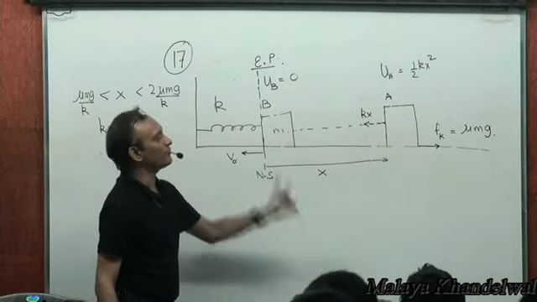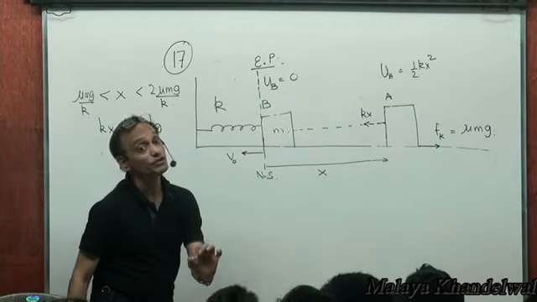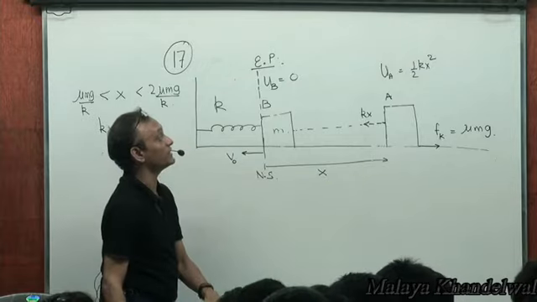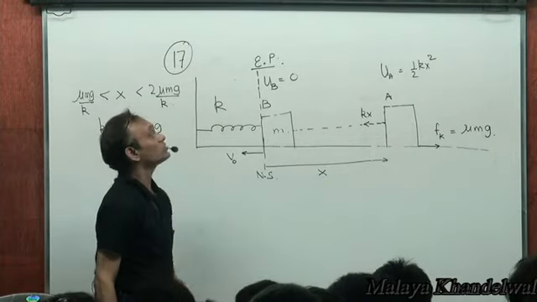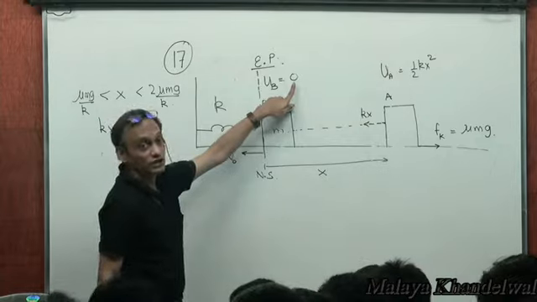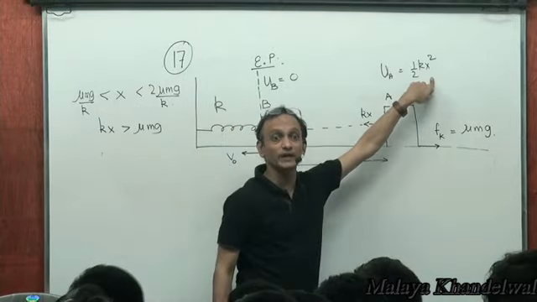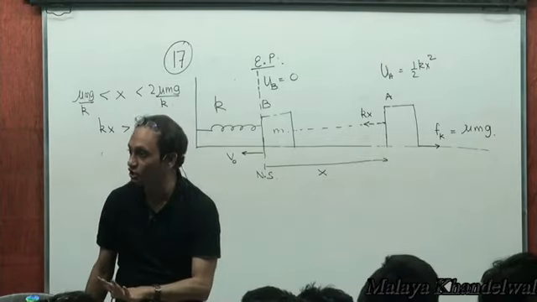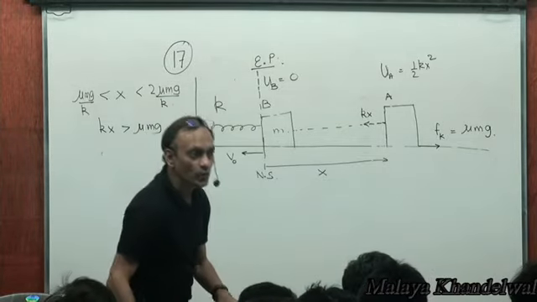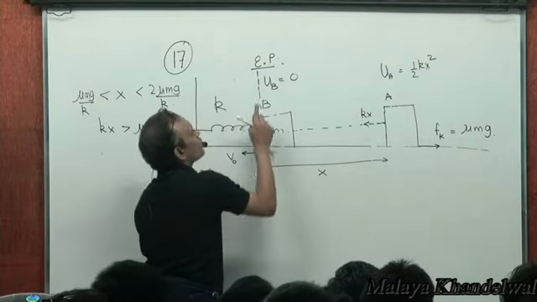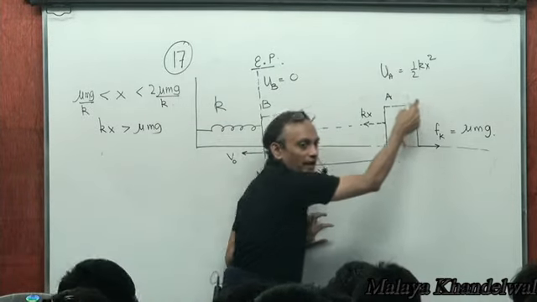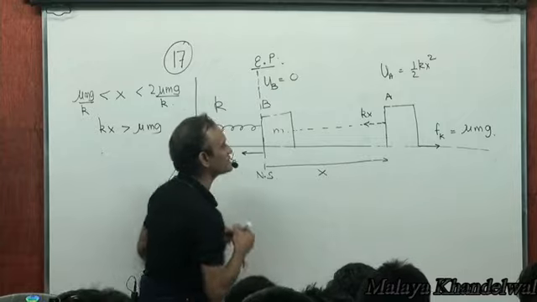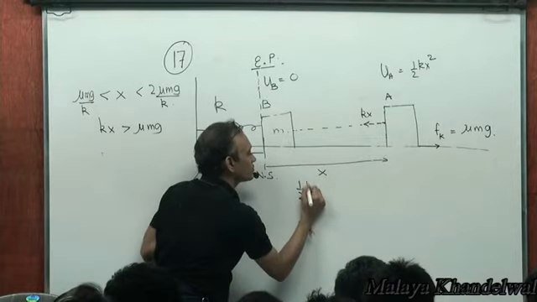Work done by the spring force would be negative of the change of elastic potential energy, right? So that's going to be minus of 0 minus half kx squared. That means half kx squared. Negative of final minus initial is the work done by the spring force, right? So minus of Ub minus Ua, which would be half kx squared. That's the work done by the spring force.